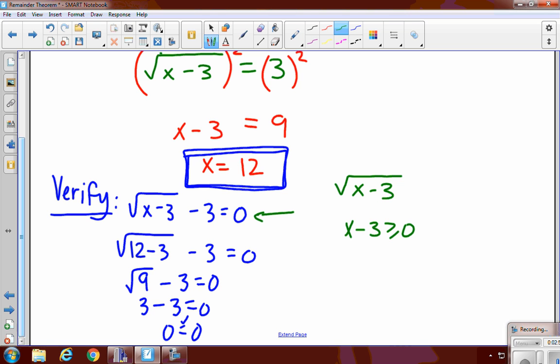We solve this inequality by adding 3 to both sides, and we're saying as long as x is greater than or equal to 3, my radicand would be greater than or equal to 0, and then all my solutions that are bigger than 3 may be valid solutions. So these are the 2 things I'm looking for at the end: a solution with a verification, and any restrictions on that radical.